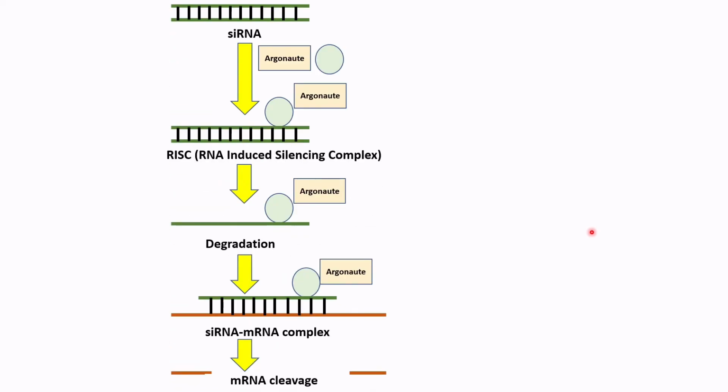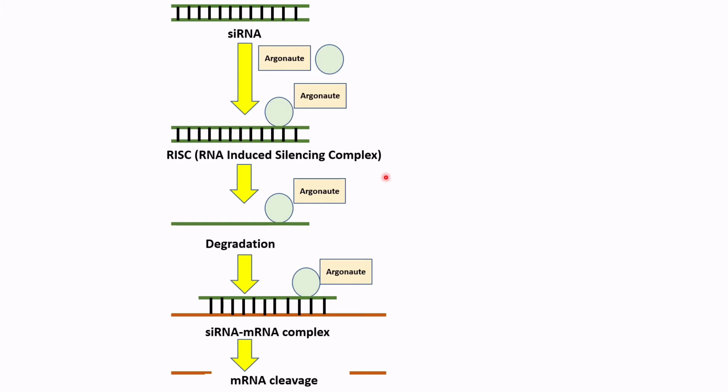Once siRNA enters the cell, it recruits some proteins like argonaute, etc. to form an RNA-protein complex known as RISC, that is, RNA-induced silencing complex.